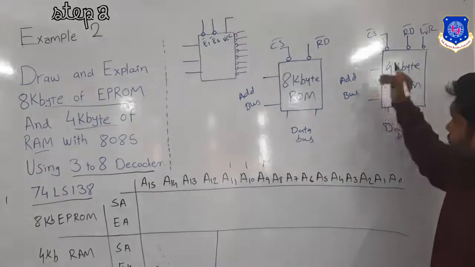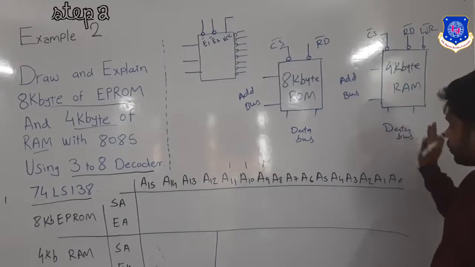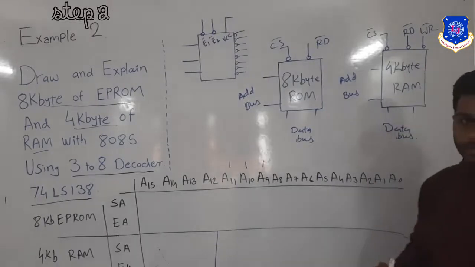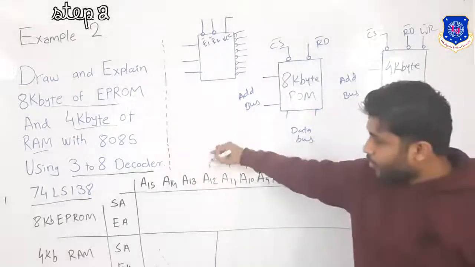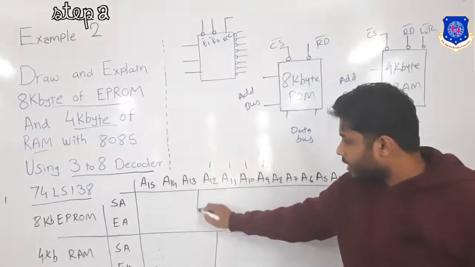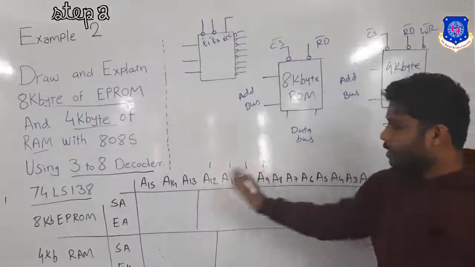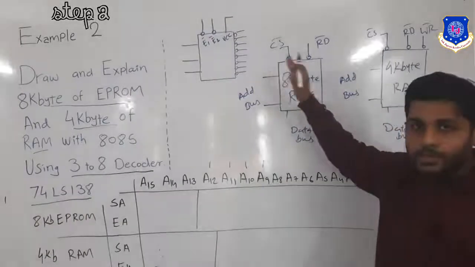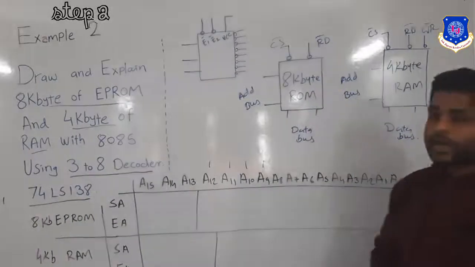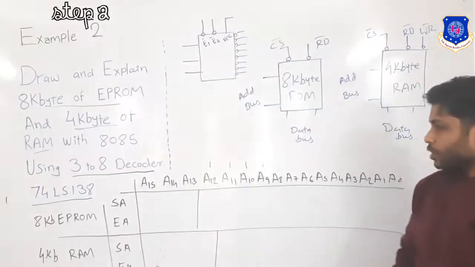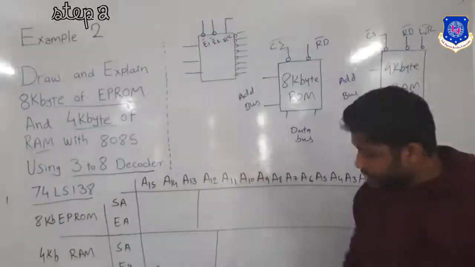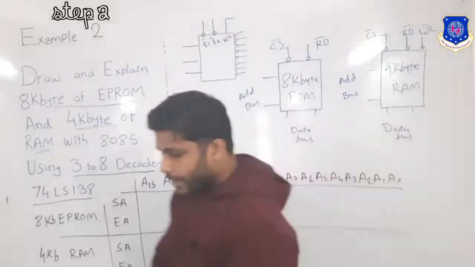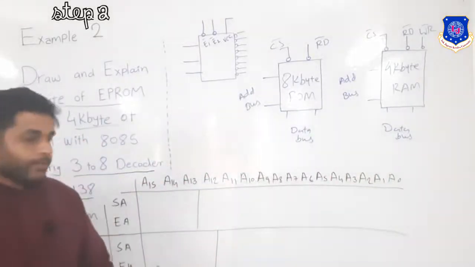And for the 8 KB, we will connect A0 to A12, a total of 13 address lines. When we provide A0 to A12, we can interface 8 KB of ROM. So now you can clearly understand how to find how many address lines are required.